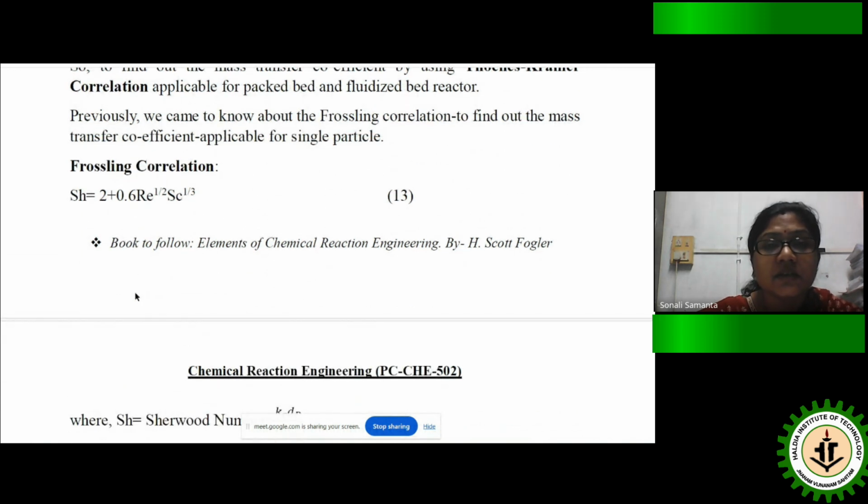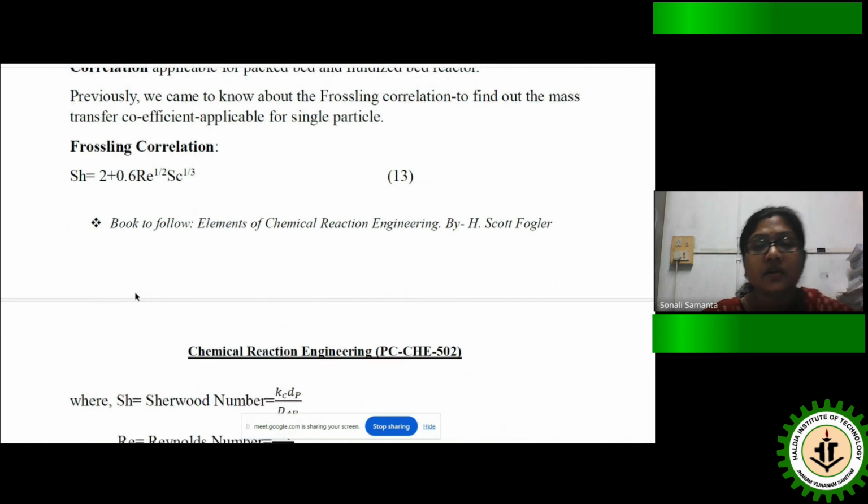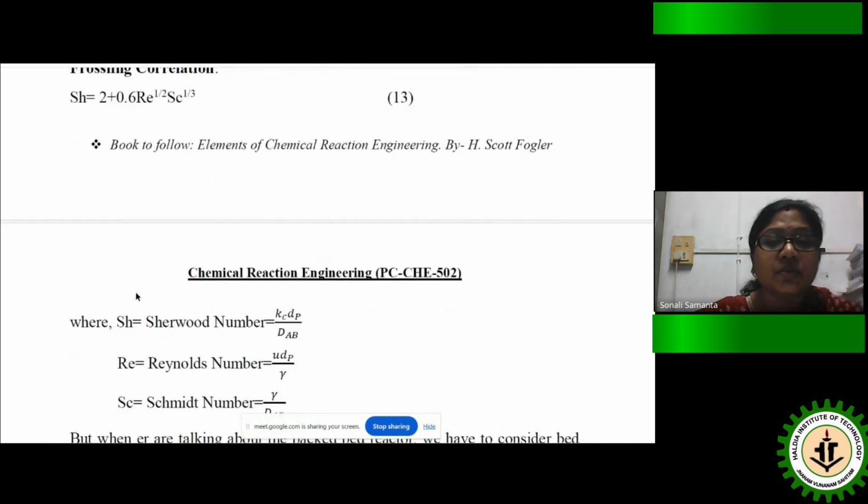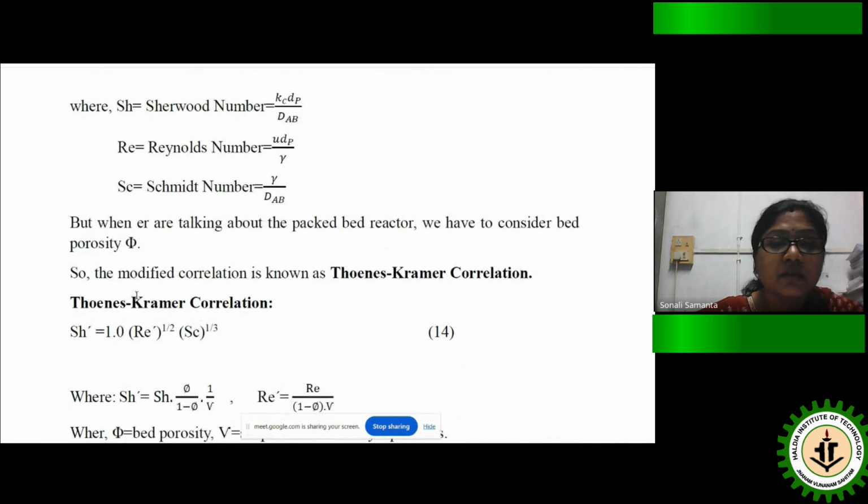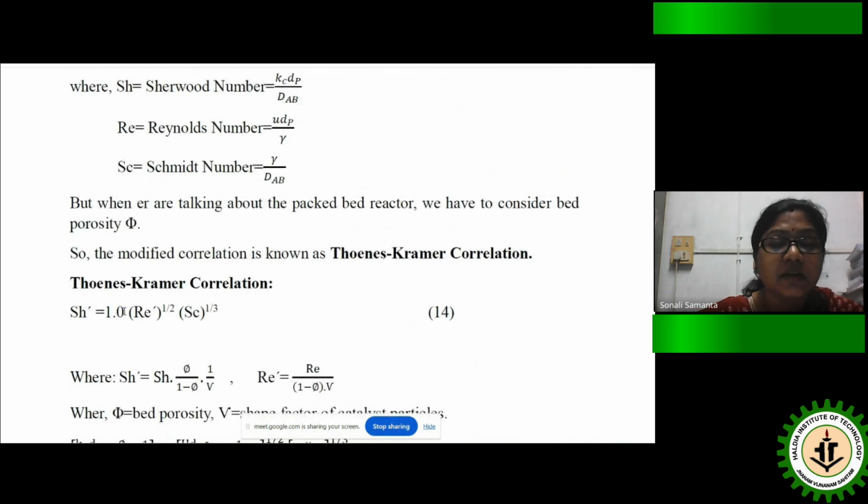Here we have to consider the bed porosity, because the bed is filled with several particles, so porosity is a very vital factor in that case, and another one is the shape factor of the particle. The modified equation of the Frossling correlation is called the Thoenes-Kramers correlation.